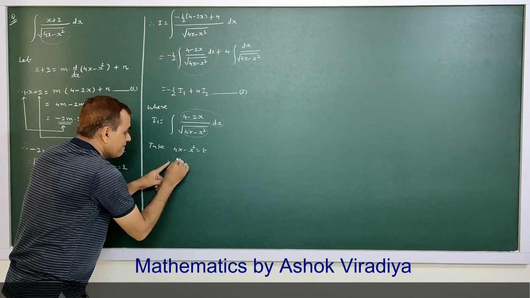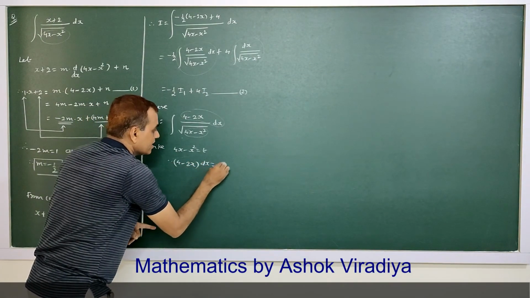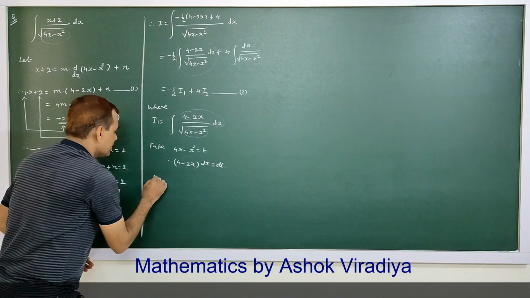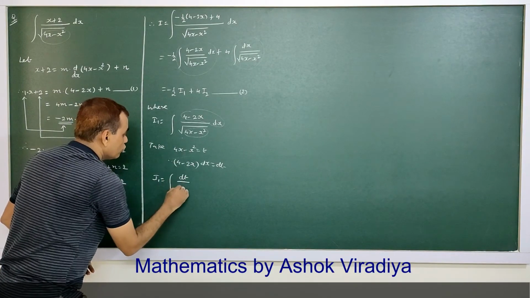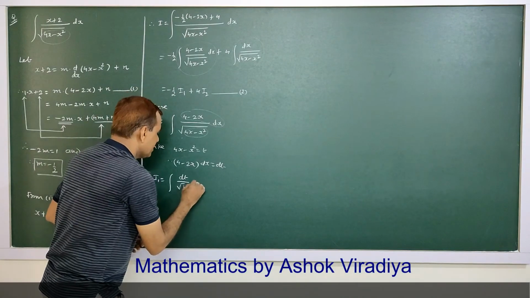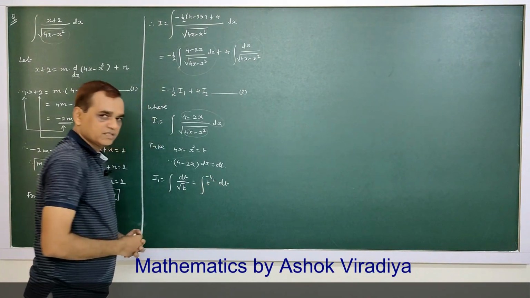Therefore its derivative is 4 minus 2x, dx is dt. So this will be dt. So integral I1 is dt upon root t, that is t raised to minus half dt.